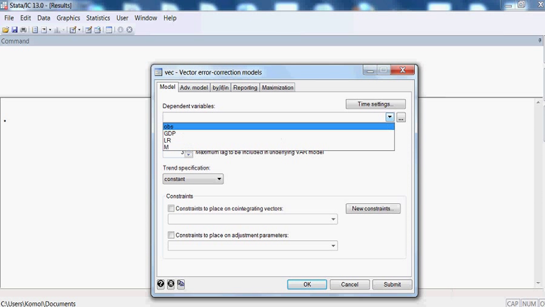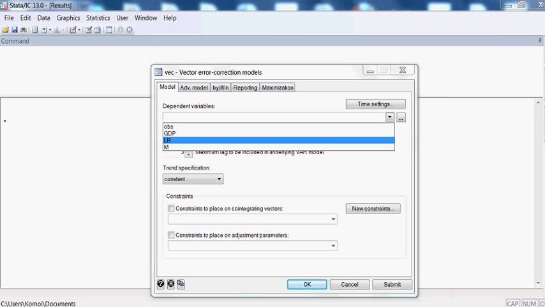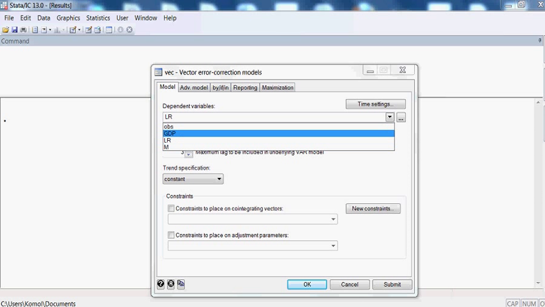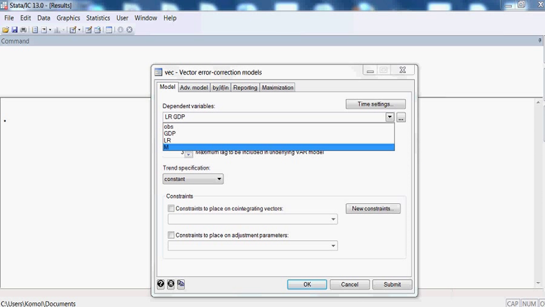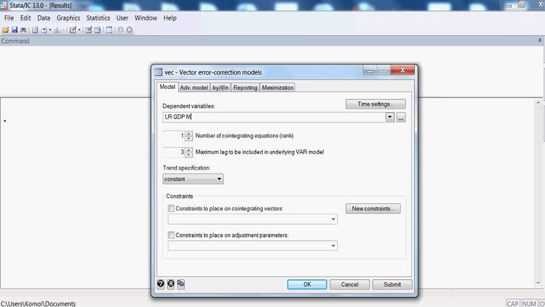For the dependent variable I put LR first, intentionally, then GDP, then M. So that is my model, right?